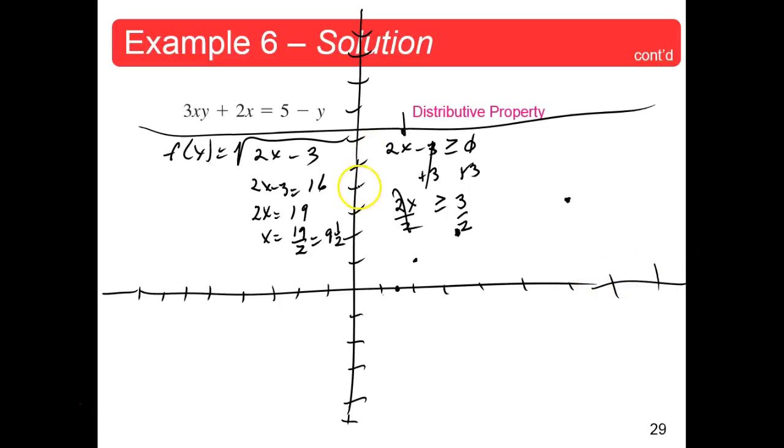Somewhere out there is a 9, and that would be that. So here's what my graph looks like. That look 1 to 1 to you? Horizontal line test passes everywhere. Fantastic. Okay? Now, that's the first step. Verify that it's 1-to-1.